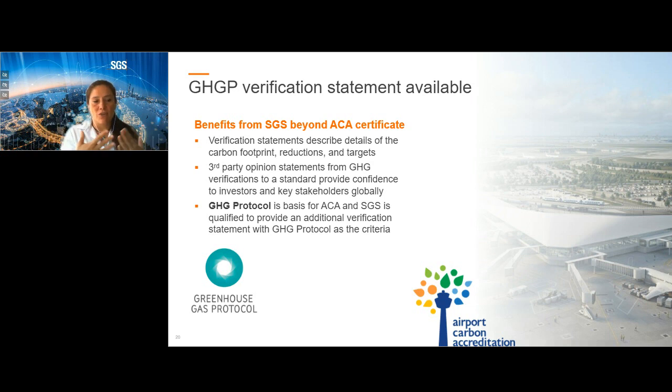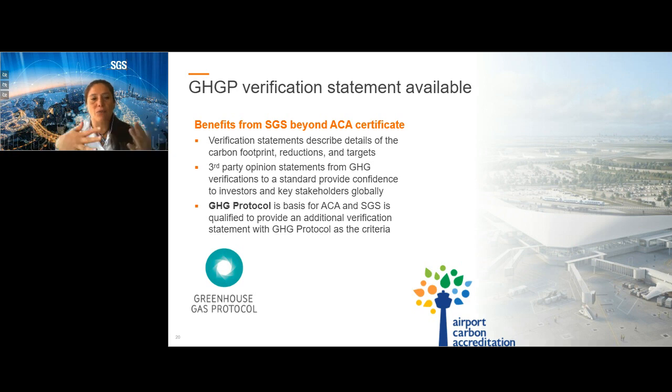In North America, the most common standard, and also what the Airport Carbon Accreditation uses as a basis, is the GHG protocol. So here we prepare an example of a GHG protocol certificate that we provide in addition to the Airport Carbon Accreditation.